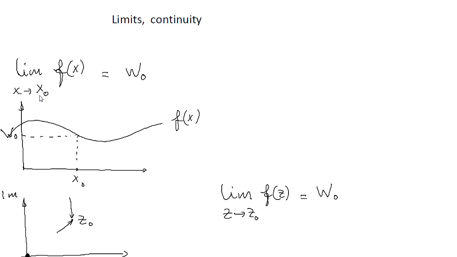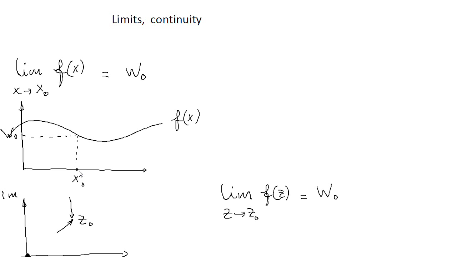Well, if this limit exists, then when we are approaching x0 from below, the function f of x is approaching some number, and if we are approaching x0 from above, this function f of x is approaching the same number. So in that case we say that the limit exists.